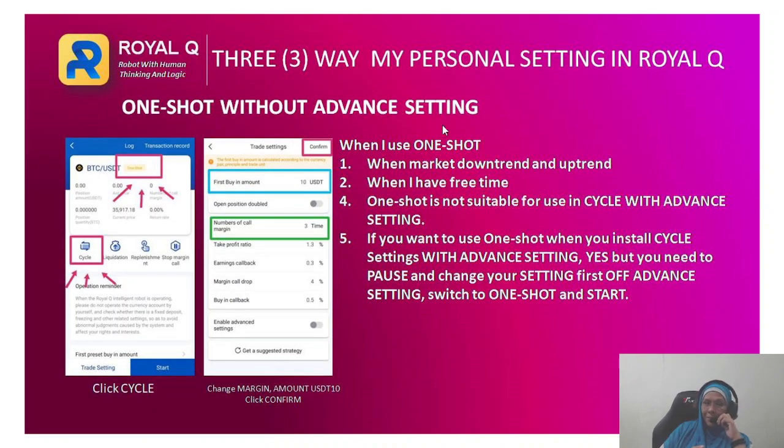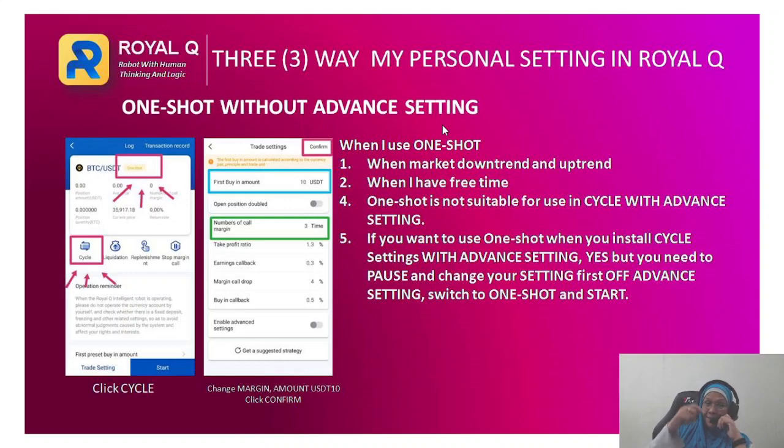But remember, when you use one shot, you must have time, because when the robot is doing the liquidation, you have to replace again the pair that you put in the trading. Remember this.